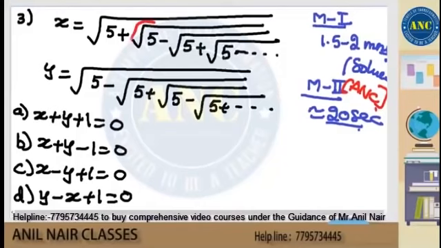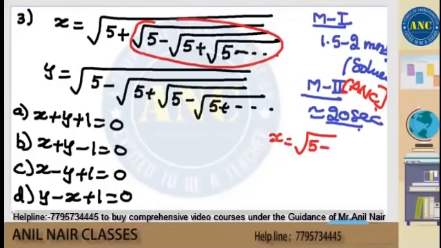Already we discussed, x is root of 5 plus, it is nothing but greater than root 5. x is greater than root 5, right? Next one, y, we discussed in the previous class.